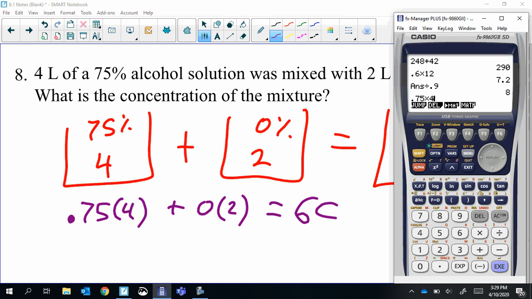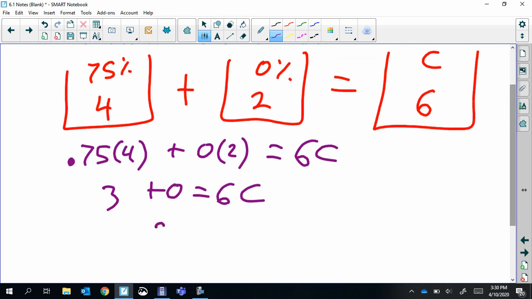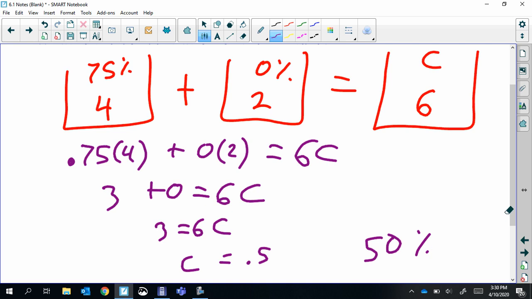It's going to be 3, but I already started typing it. Plus 0 equals 6c. So 3 plus 0 is 3. Divide by 6, we get c equals 0.5 or 1/2, which, remember, this was percentage, so it's a 50% alcohol solution.